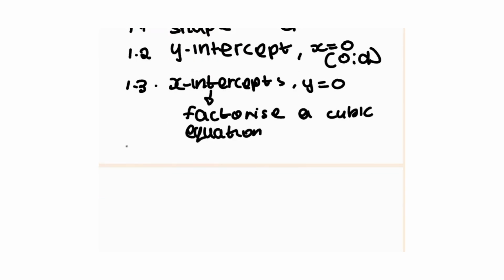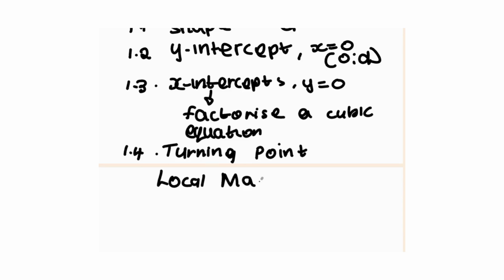And then the fourth thing is your turning point. I'm going to introduce some terms that they like to use under the cubic graph or calculus, which also mean turning point. Turning point is the same thing as your local maximum or your local minimum.